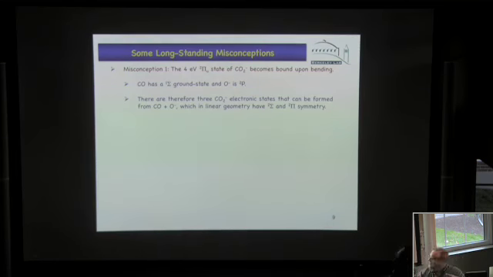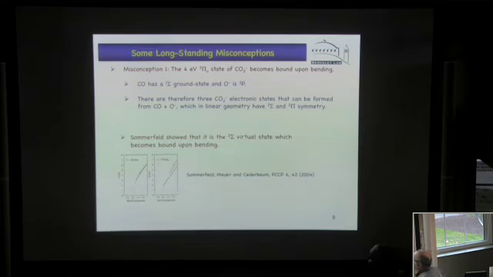If I bring those together in linear geometry, basically I have 3 ways of orienting a doublet p, either 2 degenerate ways if I orient it perpendicular to the CO axis, and then a 3rd way if I orient it parallel to the CO axis. So in linear geometry, as these come together, I can only get a non-degenerate, or at least electronically non-degenerate, doublet sigma state, and then a doubly degenerate doublet pi. So there's 3 states.